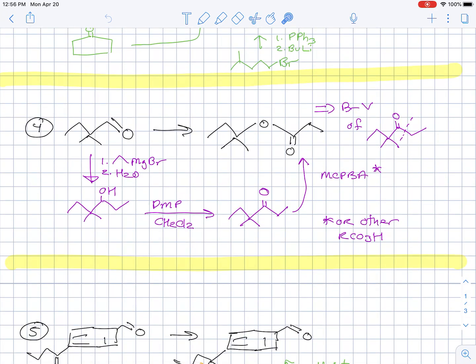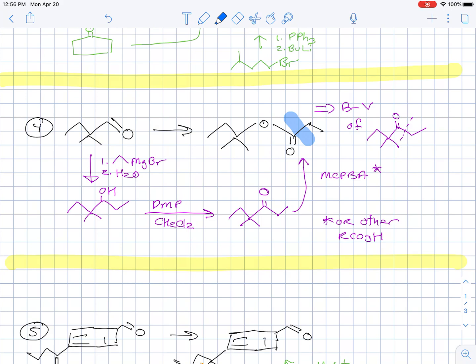Then for number 4, we have a ketone, and we need to do two things here. We need to add an oxygen somehow, and we also need to make that carbon-carbon bond.